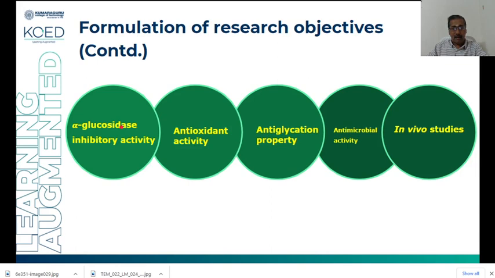So if your plant extract possesses alpha glucosidase inhibition, look whether it has antioxidant, anti-glycation, and diabetic foot ulcer causing pathogen controlling effects. Finally, these are all in vitro. When you document any in vitro study, people will not agree. You have to investigate the same effect under a biological system, so you have to end up with in vivo studies. These are all preclinical; this is a preclinical study under experimental animal.